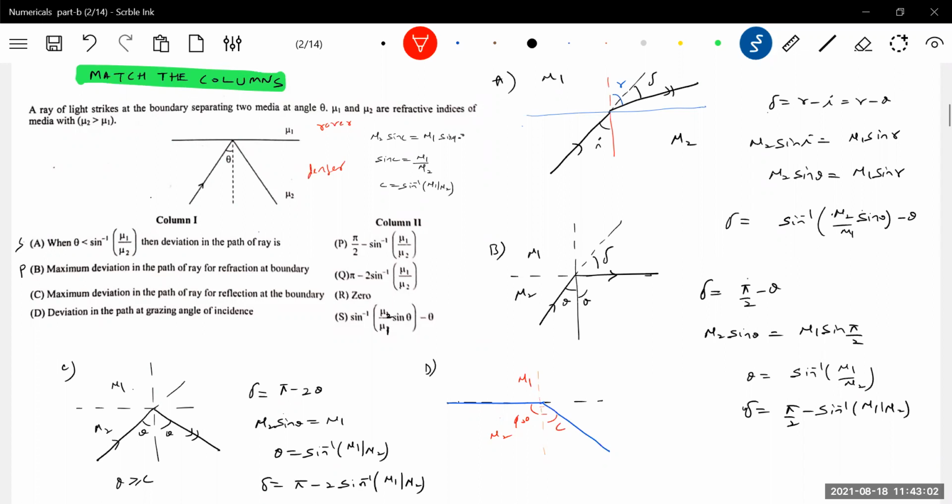What is the equation? We can write it. Deviation in the path: mu2 sin 90, grazing incidence, this one only. Mu2 sin 90 should be equal to mu1.